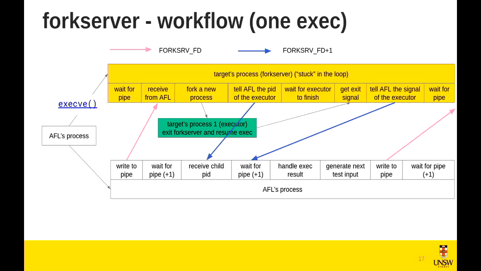So it will tell the fork server, okay, it's ready for receiving the next test input. And let's run this. So this is one whole round of communication between AFL and the target program.